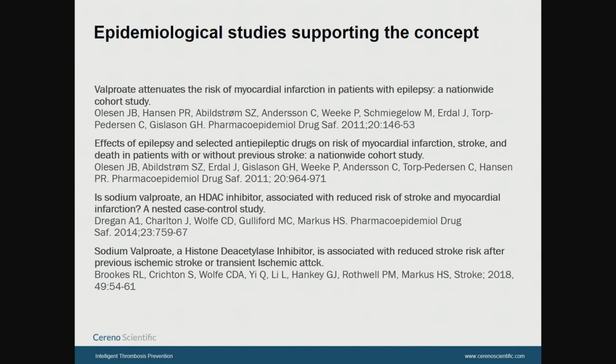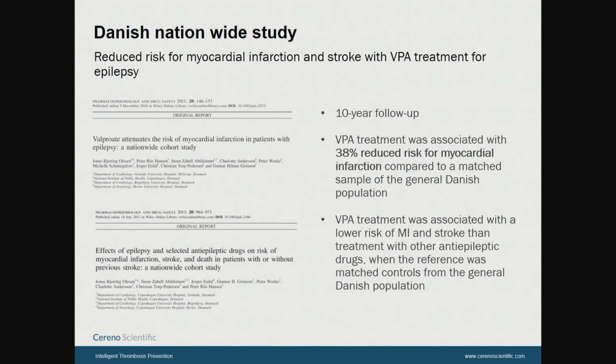So already in long-term studies, and I'll show you one because we don't have time for all. This is the Danish study published in 2012, 150,000 patients with epilepsy were followed up. There were a variety of drugs. One of them was VPA, used for epilepsy, 10 years follow-up. And the difference in myocardial infarction in the data material was almost 40% less myocardial infarction, only in the group that had VPA.